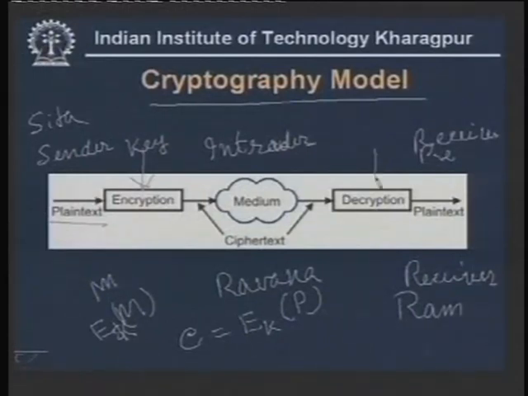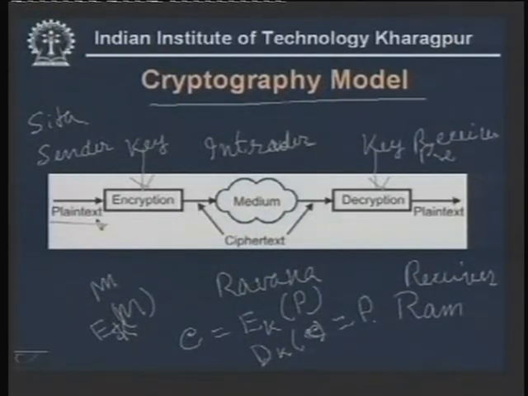At the other end the receiver, Ram, performs the decryption with the help of the same key or a different key. So, another key may be used for decryption. Decryption is performed on C to get back P. So, C is decrypted to get P. This is how cryptography works.